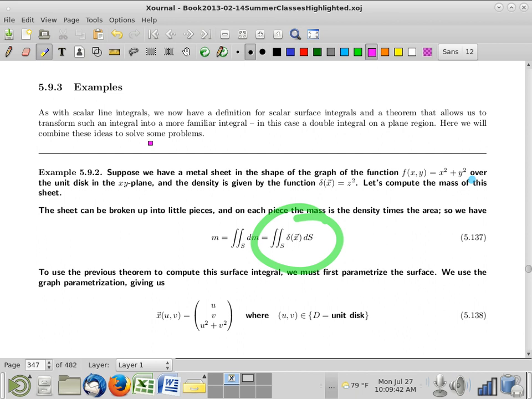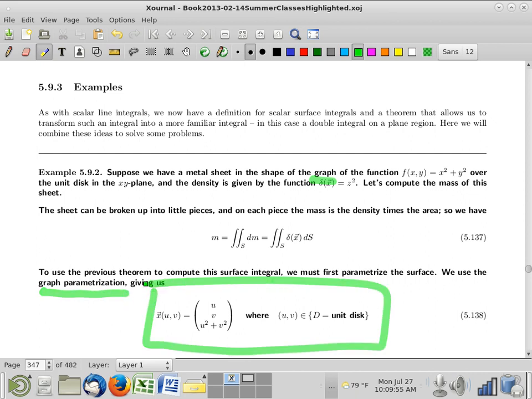So step one, we've got to parameterize. And you'll notice that, again, because I'm looking at a graph, I've used the graph parameterization. All right, so again, this is a trick from Chapter 2. By the way, you might have noticed we've done a lot of parametrizing in the last couple of sections here, and we're going to be doing more parametrizing. It comes up a lot here at the end of Chapter 5 and a lot in Chapter 6.